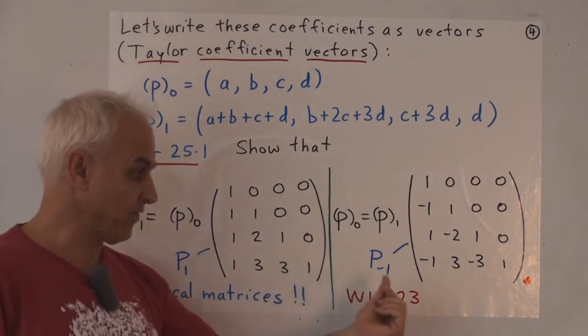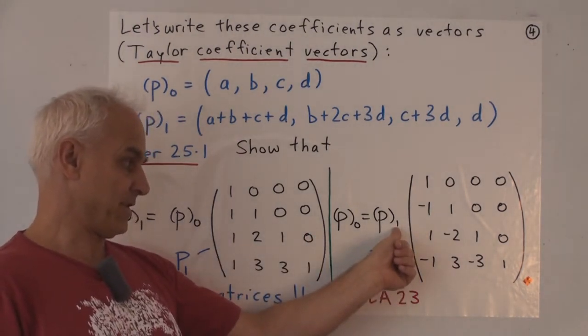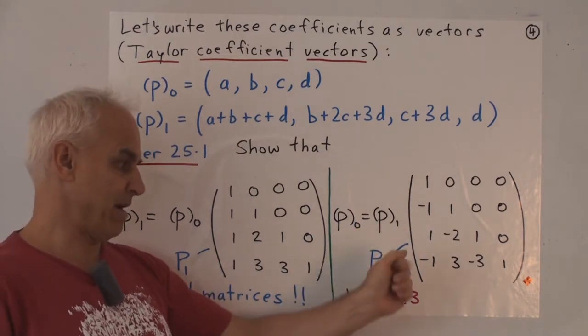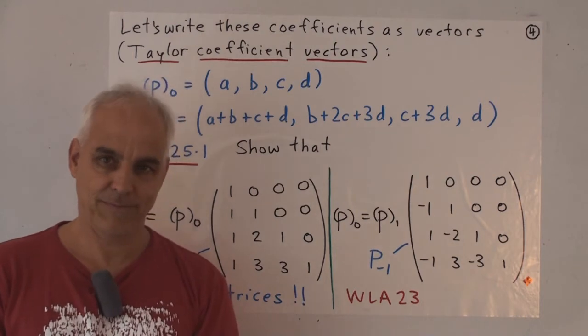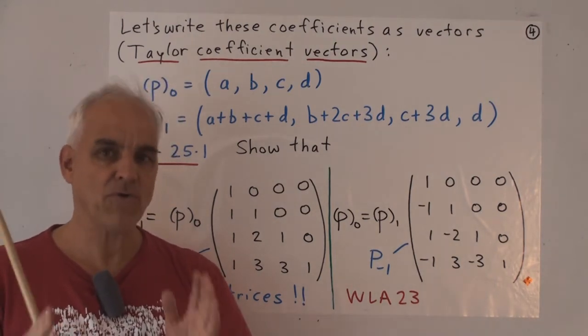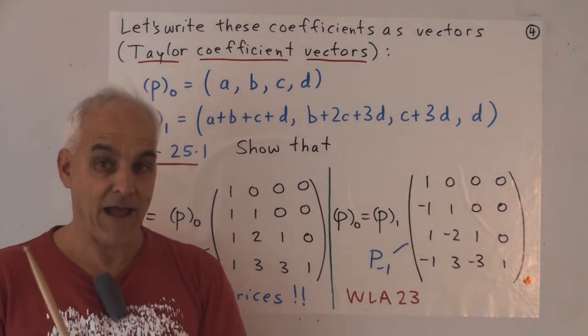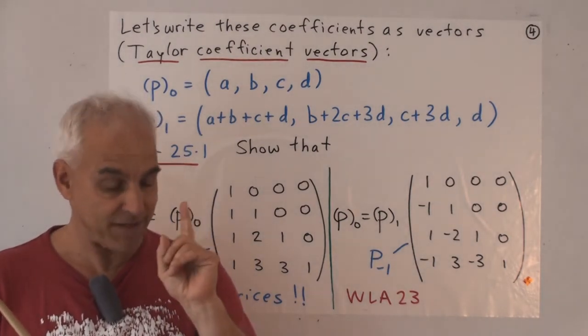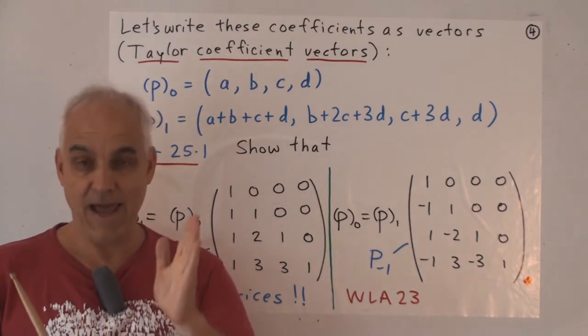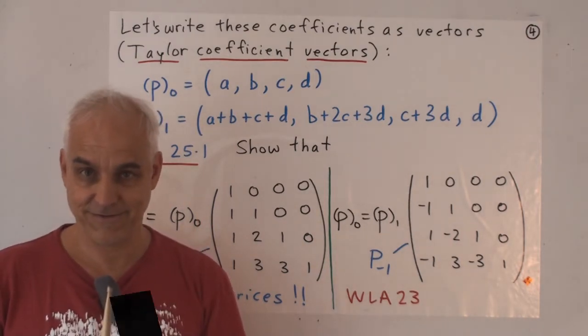And to go backwards from the Taylor coefficient vector at 1 to the Taylor coefficient vector at 0, we multiply by P sub minus 1. This is linear algebra helping us to understand and encode very efficiently a very important relation, as we'll see. This is very important, how to connect Taylor coefficient vectors at different points.